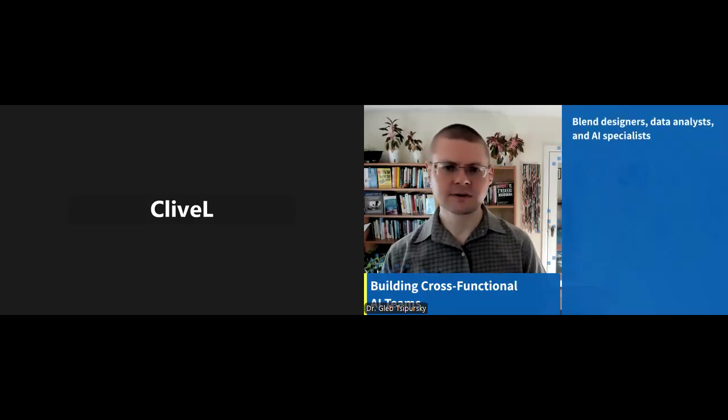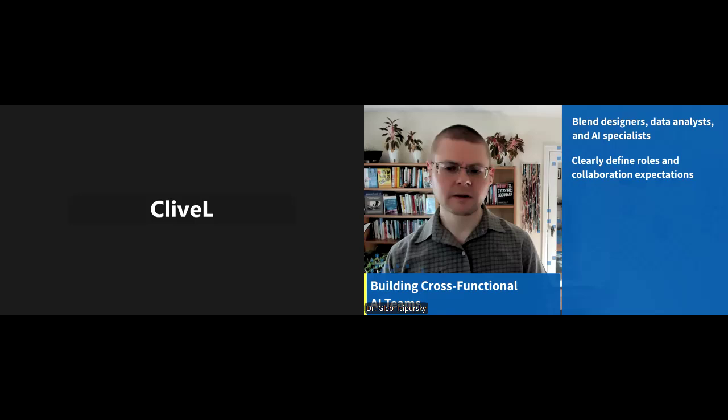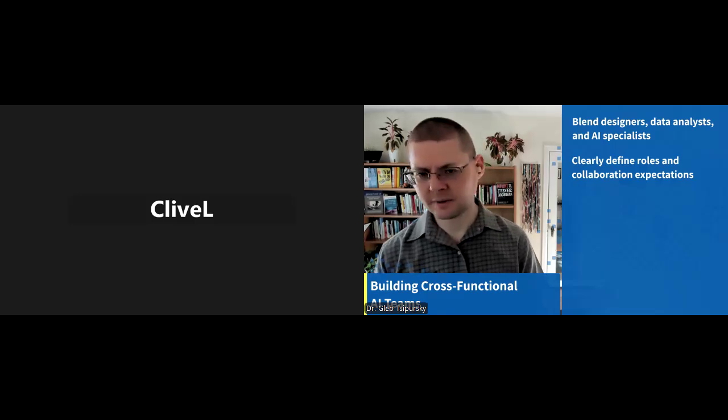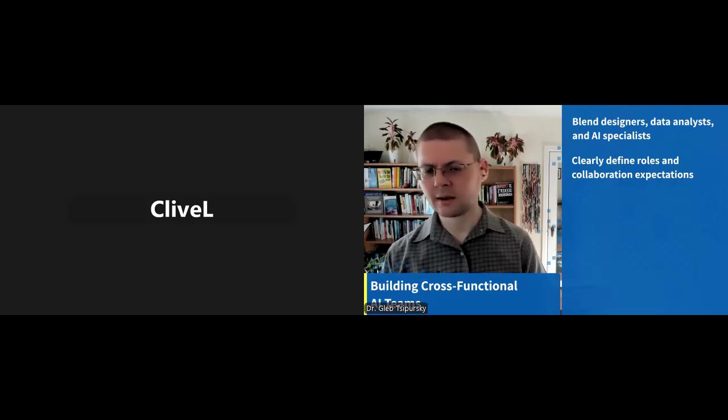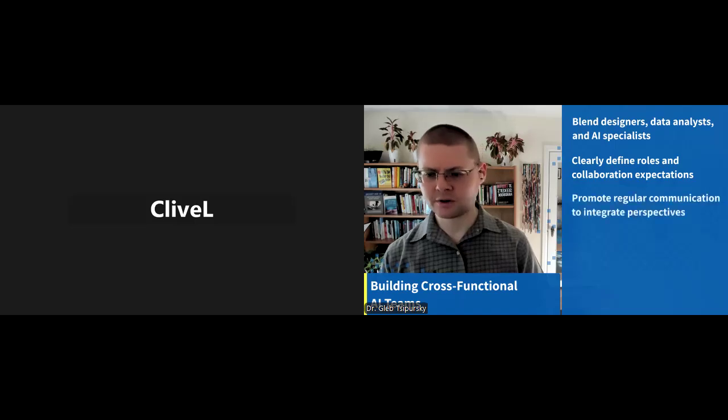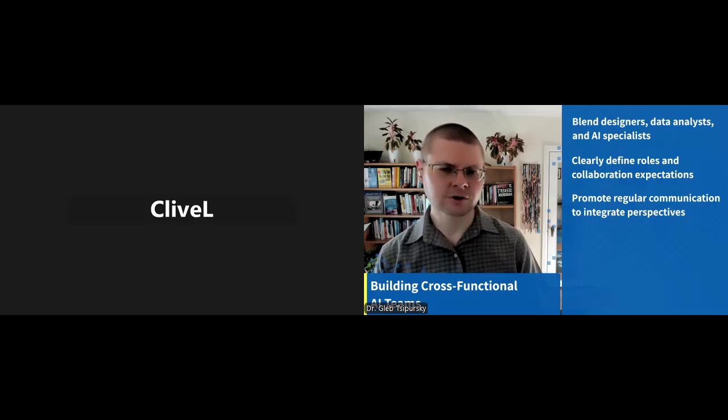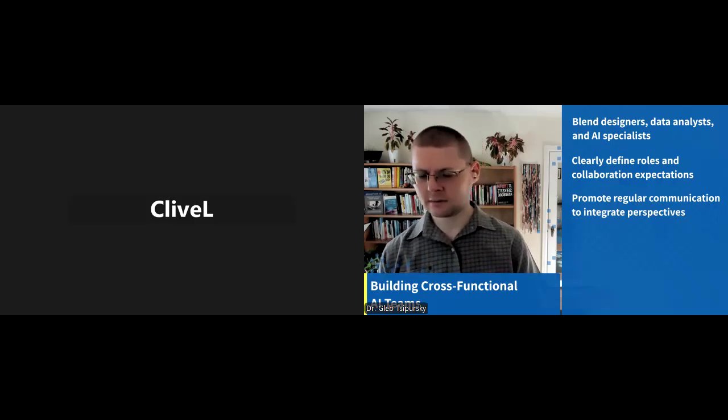Build cross-functional AI teams early on. Designers, data analytics, AI specialists, again, people who are shadow AI users in your companies. Clearly define roles and expectations for collaboration on your cross-functional teams and what the different roles will be in making decisions around generative AI. For example, you might decide that before a new generative AI process touches client data, you will first run it by a cross-functional AI team.